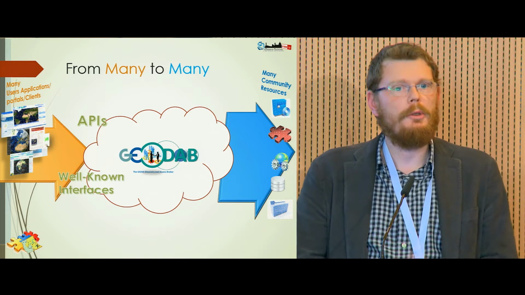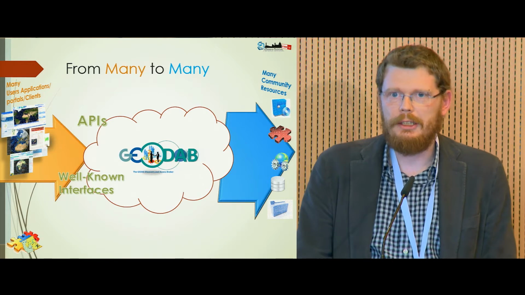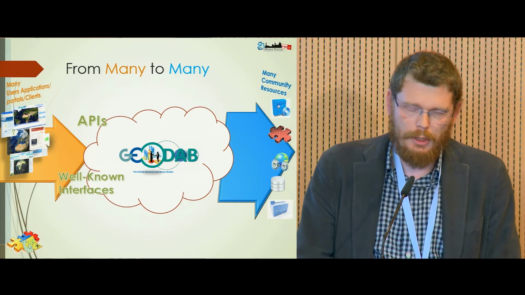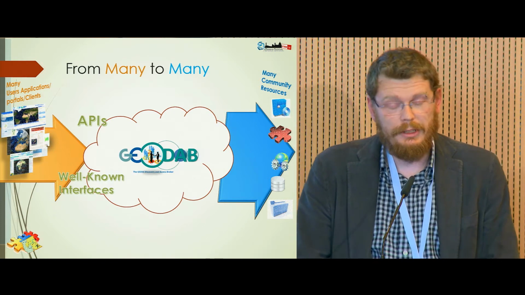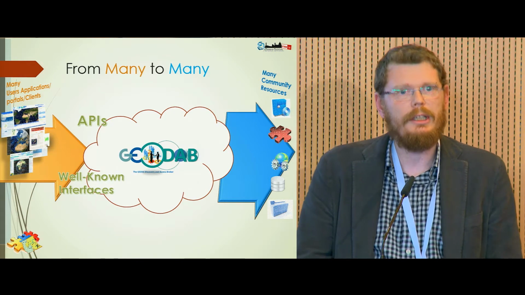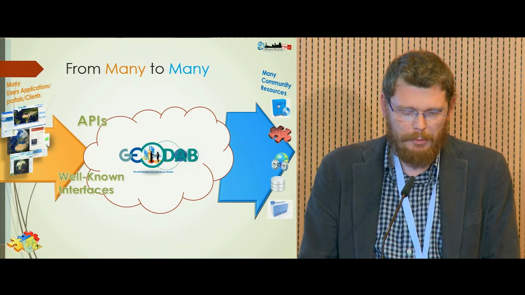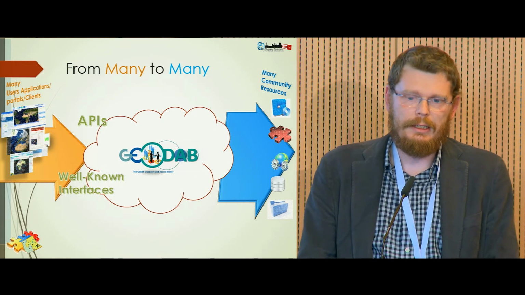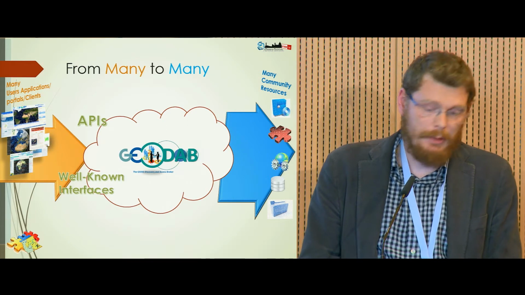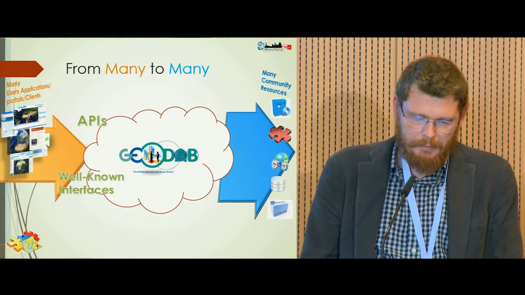It is possible to access the GEO Discovery and Access Broker through a set of well-known service interfaces, protocol interfaces for geospatial interoperability, and also a set of APIs, application programming interfaces.